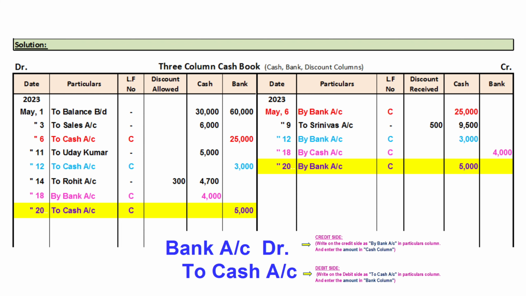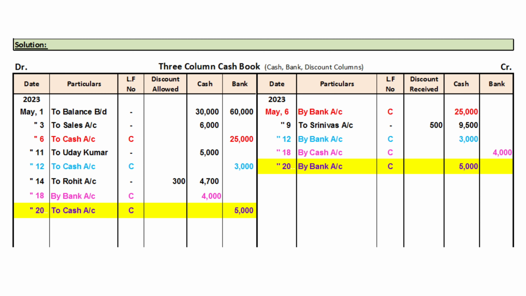So what is the journal entry of this transaction? Bank account debtor to cash account. If you observe that journal entry, the bank account is on the debit side, so it should be written on the credit side in the 3-column cash book. In the same manner, the cash account is on the credit side in the journal entry, so it should be transferred to the first side in the 3-column cash book.